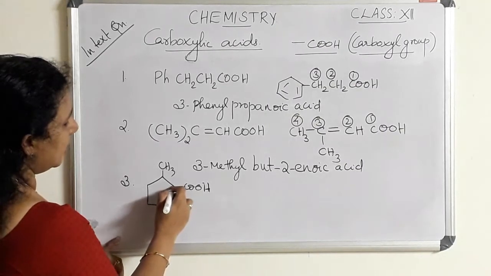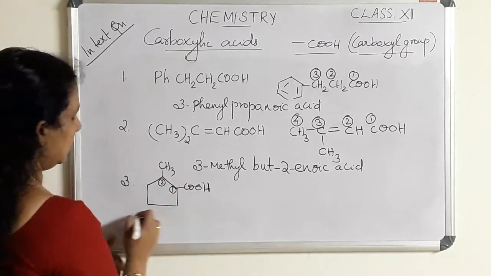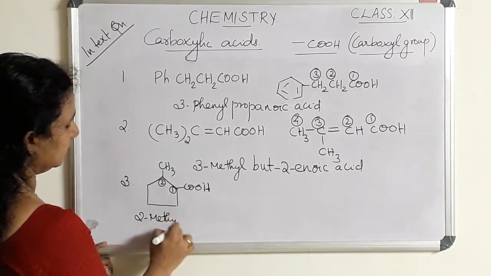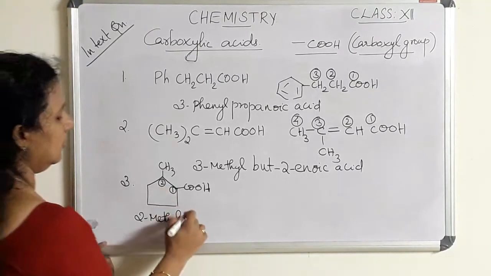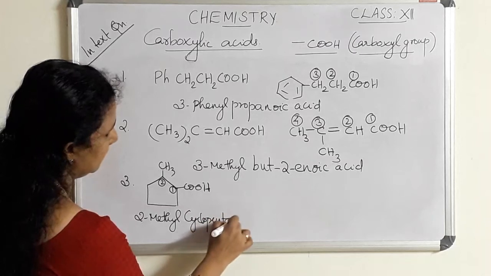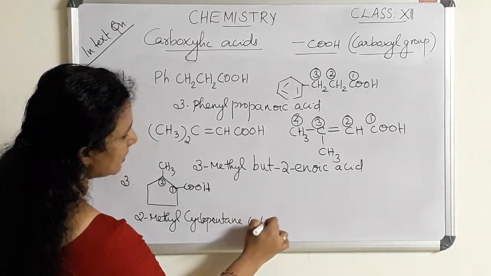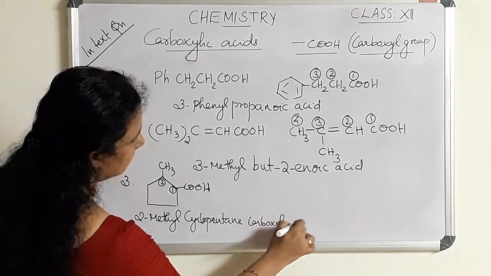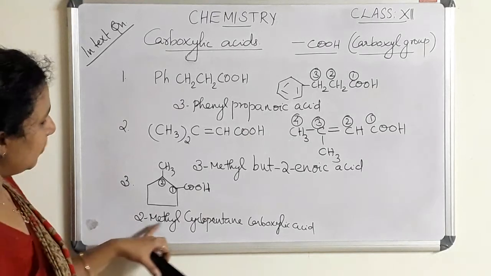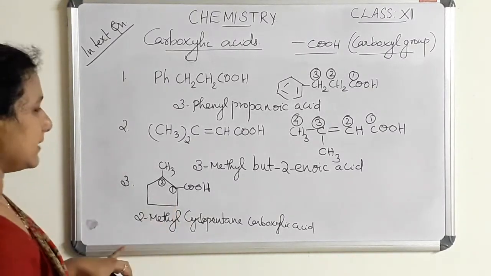The first carbon is here, then the second position is this, and this is 2-methyl cyclopentane carboxylic acid. So this is named as 2-methyl cyclopentane carboxylic acid.